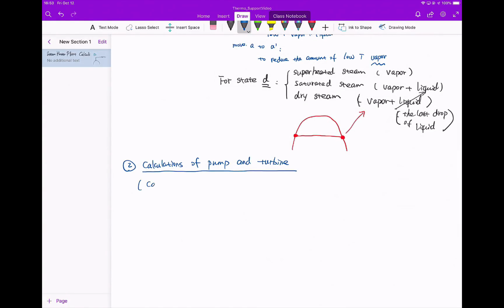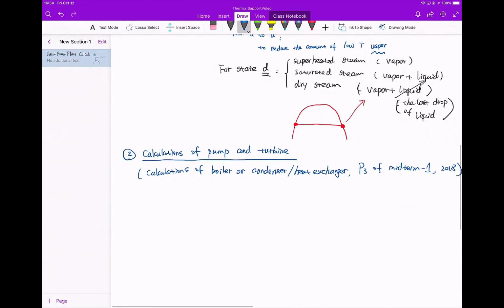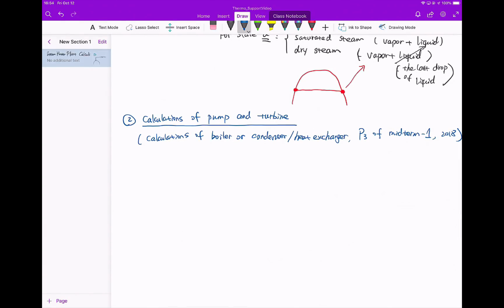Well, I can tell you that the calculation of boiler or condenser, which is sometimes a heat exchanger, we actually had that in the first midterm, which is P3 of midterm 1 of our week there, right?